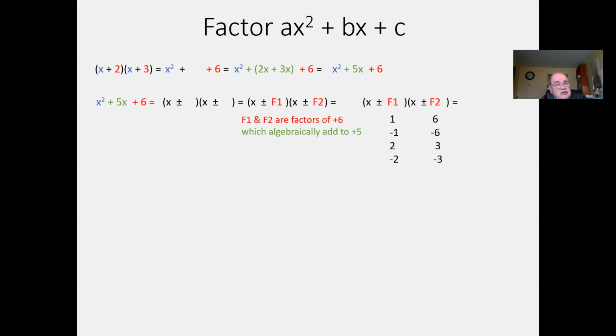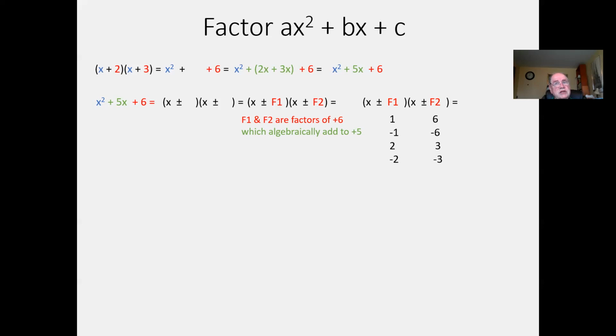Well, looking at the factors of 6, by the way, we're dealing here with integers in our simple factoring here. Once you get away from integers, you must use the quadratic equation, which we'll do a little bit later, not today. Here, we're working with quadratic expressions with integers. So there are all the factors of 6: 1 and 6, -1 and -6, 2 and 3, and -2 and -3.